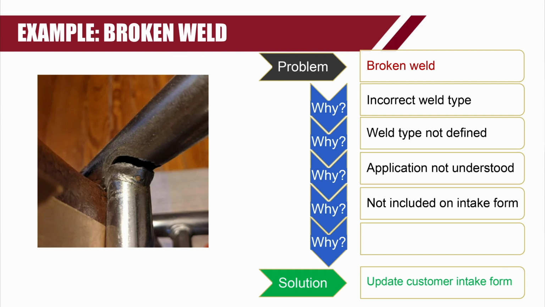And why was the application not understood? Well, it was not included on the intake form from the customer. Once again, after asking only 4 whys, we determine that there's no reason to go any further, and we are able to come up with a solution. And that solution would be to update our customer intake form to indicate what the application will be for this product, so we better understand what type of weld to use.